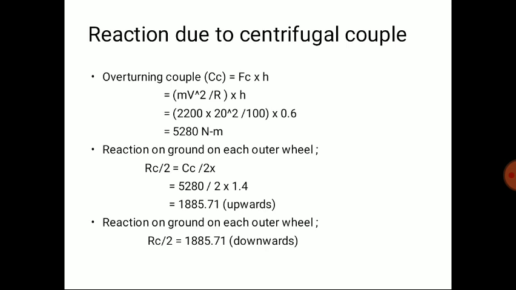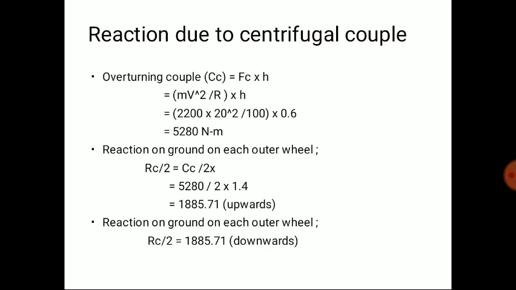So the reaction will be just opposite to the centrifugal effect. In reverse, the reaction on the outer wheel acts upward and on the inner wheel acts downward, just opposite to the centrifugal couple.